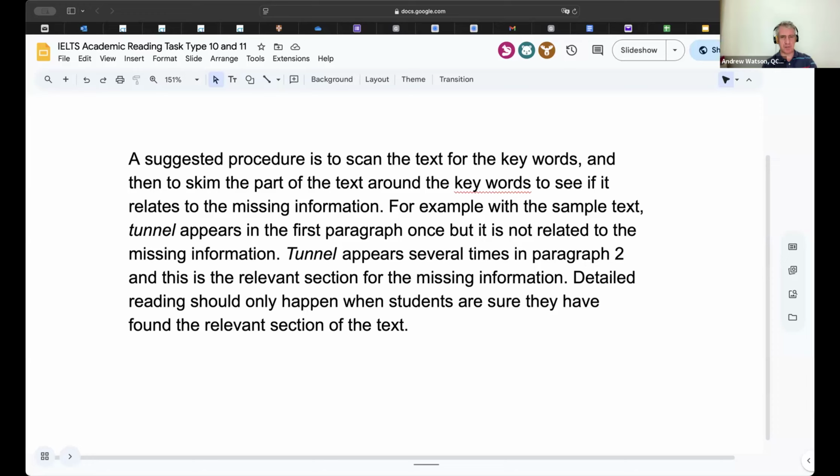Tunnel appears several times in paragraph 2, and this is the relevant section for the missing information. Detailed reading should only happen when students are sure they have found the relevant section of the text. Kind of makes sense.